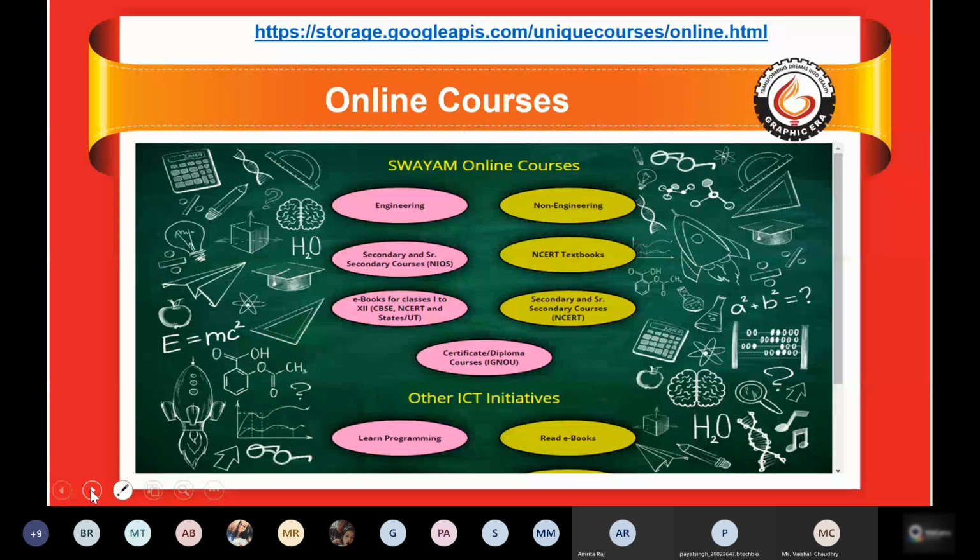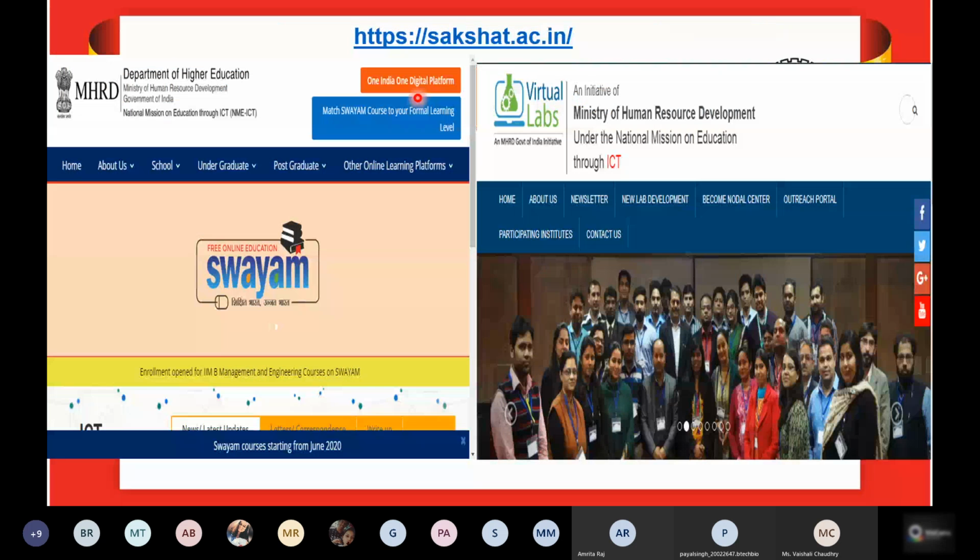This is another important link by MHRD, Sakshat. This is basically the site where you can identify the different avenues for students. Like I have highlighted, one of the important things is virtual labs, and I am very sure that you are very interested to see the virtual labs, right?